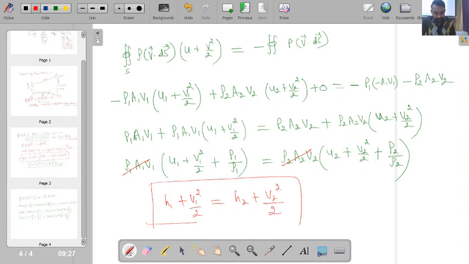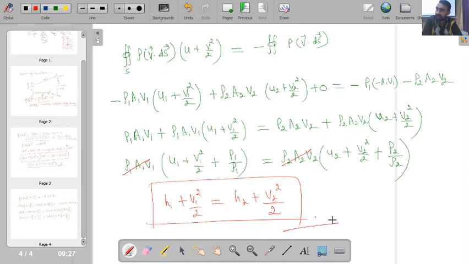So this is my energy equation, and if you see, the energy equation over here is actually matching well with the energy equation for pure one dimensional flow. Okay, so the energy equation is remaining exactly the same.